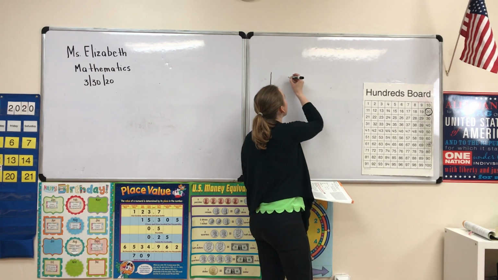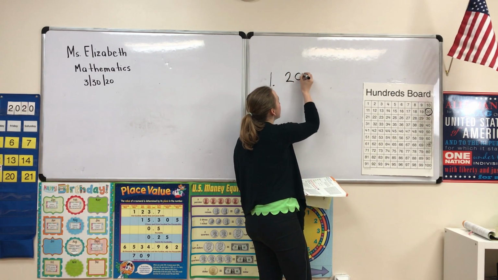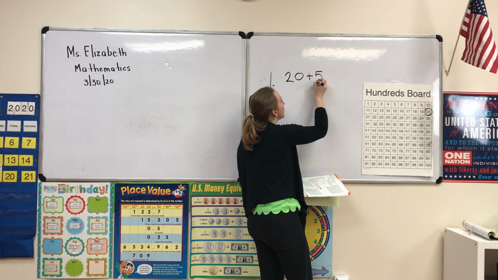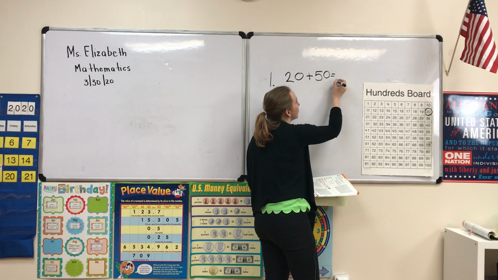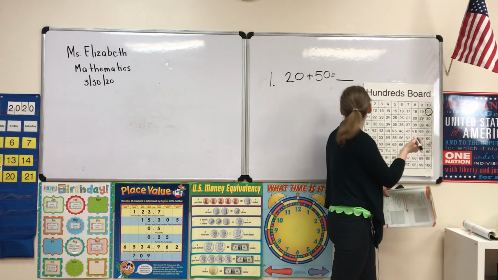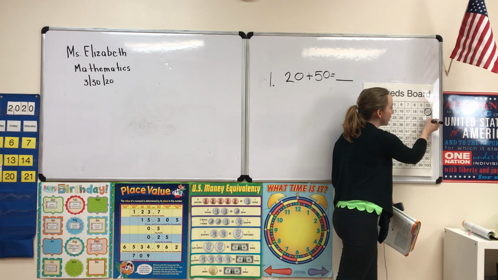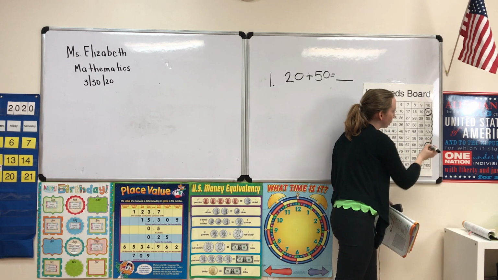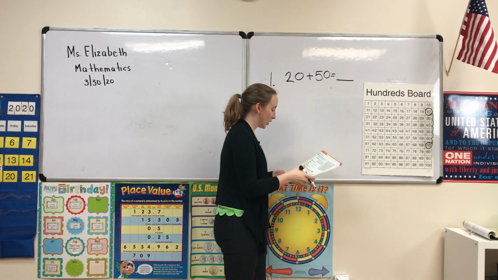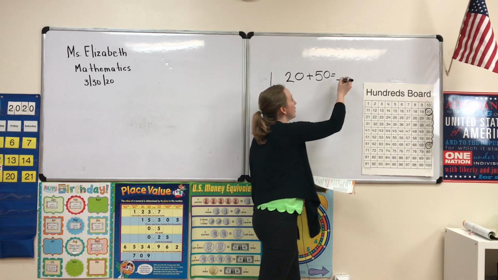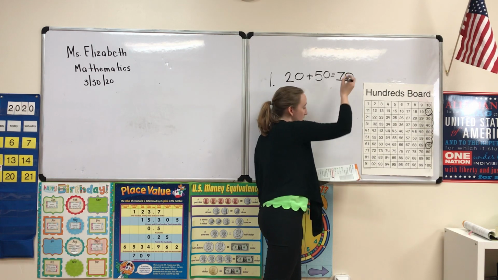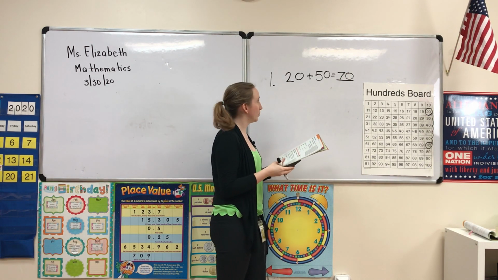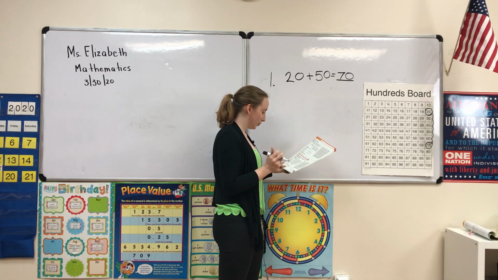So what we're doing is we're solving for 20 plus 50. So let's add 50 more. 10, 20, 30, 40, 50. So our total, 20 plus 50, equals 70 fish total.